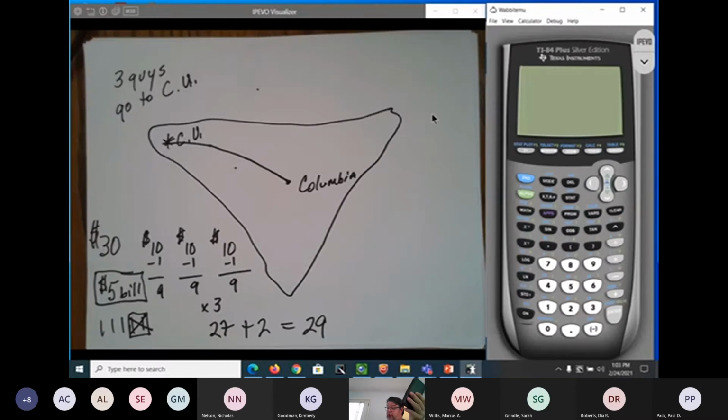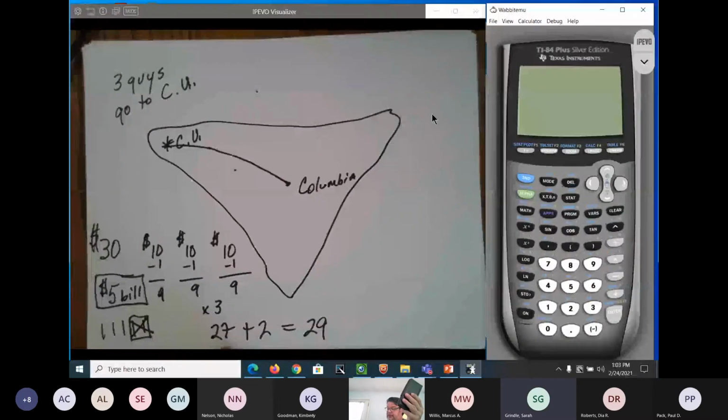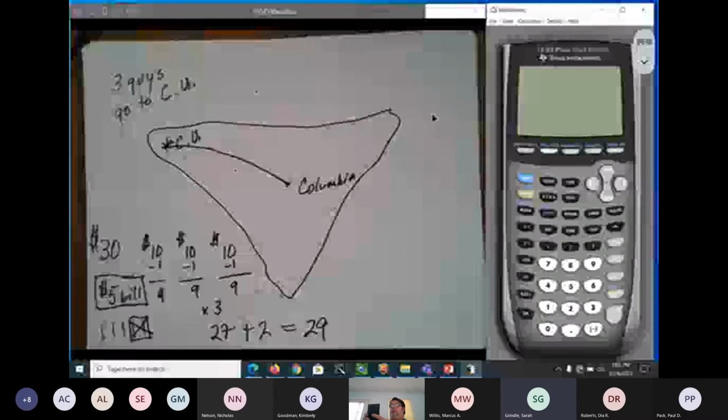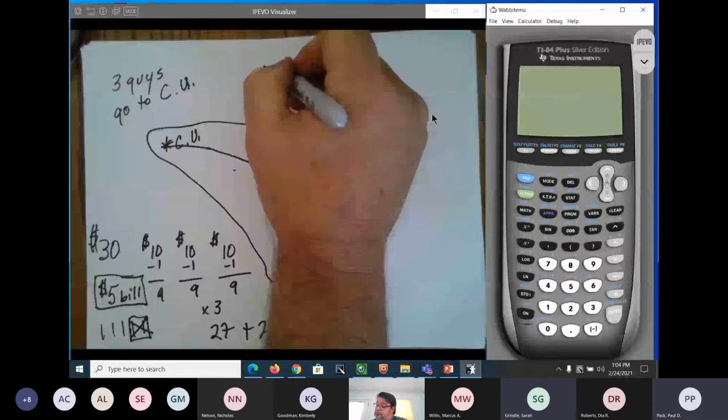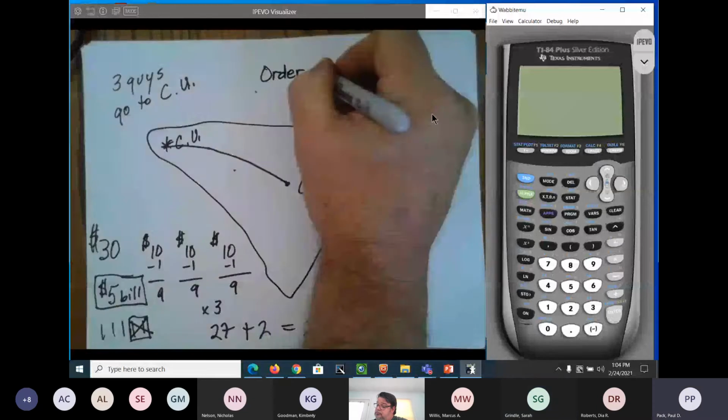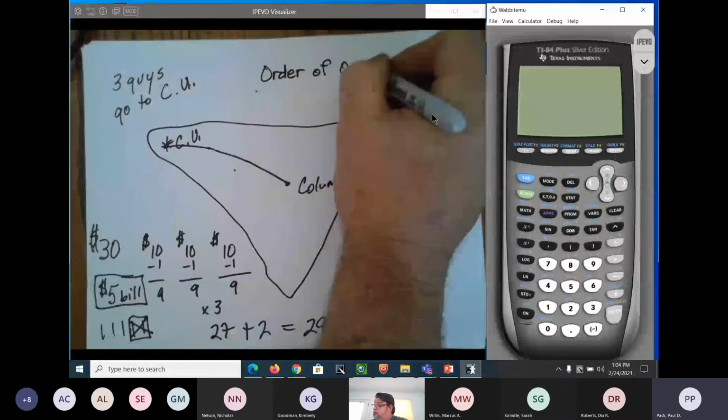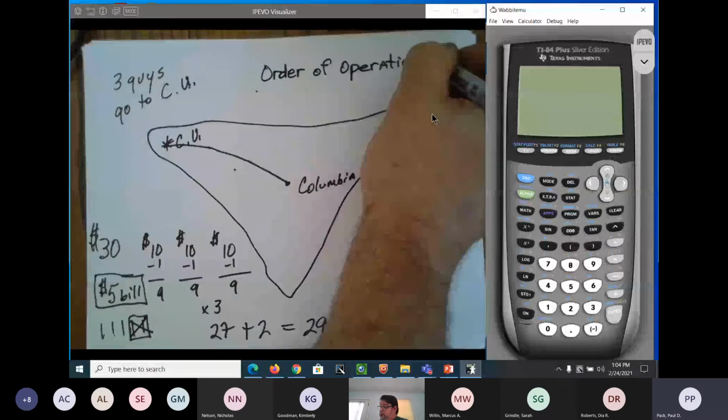Because I took 1 away from 10. That's 9. 9 times 3 is 27. And the 2 right there, there's the 3 that I took away. Anybody? I got nothing. Nope. Unless you want the answer that they only paid $25 for the discount, so they didn't really pay $27, they paid $25.